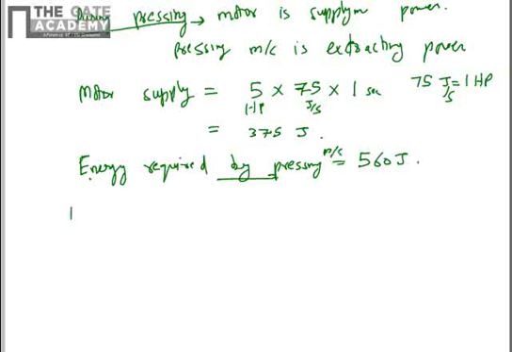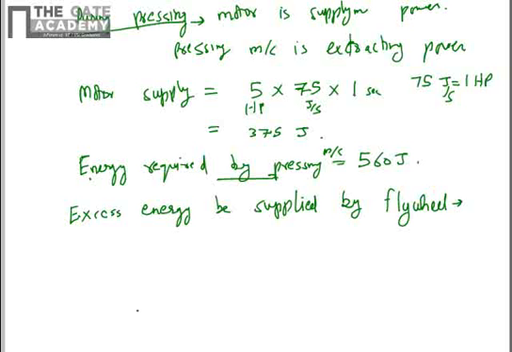Hence the excess energy will be supplied by the flywheel. How much excess energy is required from the flywheel? That is equal to the energy required by pressing minus the energy supplied by the motor. Now 560 minus 375, that is equal to 185 joules.